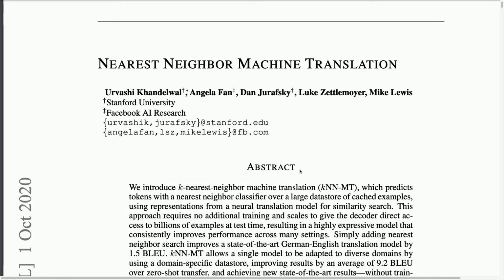Everyone, today we're looking at the paper Nearest Neighbor Machine Translation by authors from Stanford University and Facebook AI Research.